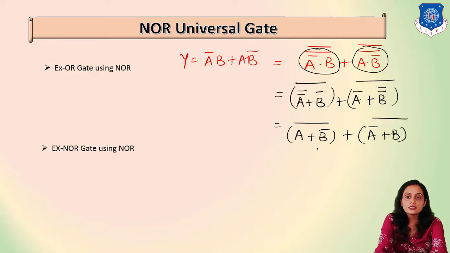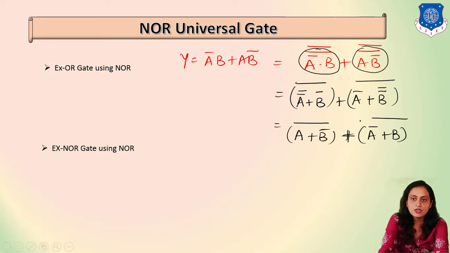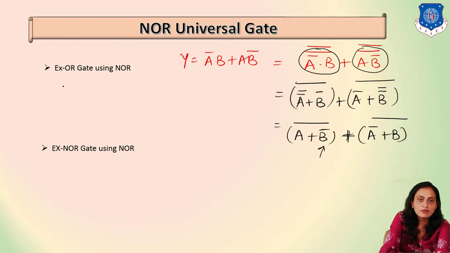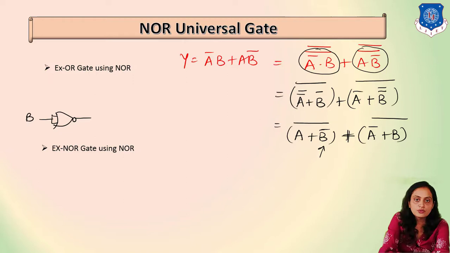So I'm going to draw the circuit based on this Boolean equation. So now we have plus sign and bar, plus sign and bar. But outer we have just plus only. So I will put 2 times bar at last. So we will design the circuit based on this Boolean equation. So first we will see B bar, and for that we have this NOT gate using NOR, B and then B bar, and with this B bar we have input A. Again we want A bar also, that's why I have taken A and this A bar.